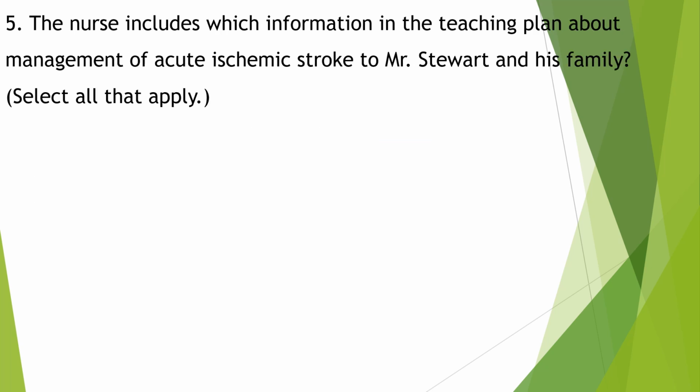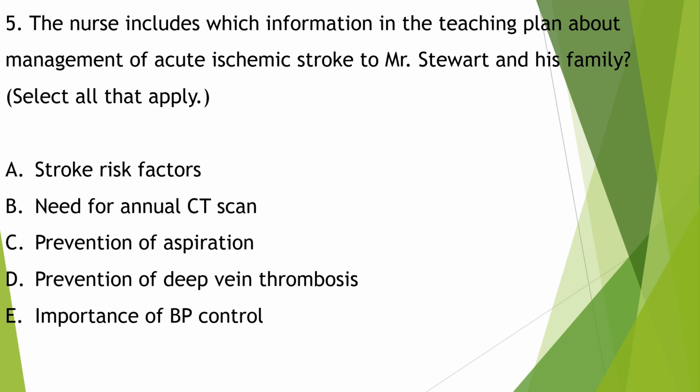The nurse includes which information in the teaching plan about management of acute ischemic stroke to Mr. Stewart and his family? Stroke risk factors, need for annual CT scan, prevention of aspiration, prevention of deep vein thrombosis, importance of BP control. It is important for the patient and family to understand the risk factors, most importantly the modifiable risk factors, especially hypertension, to decrease the chance of another stroke.